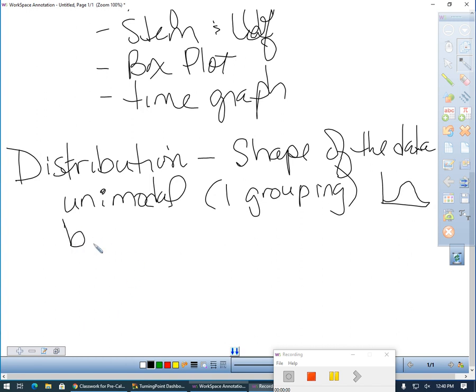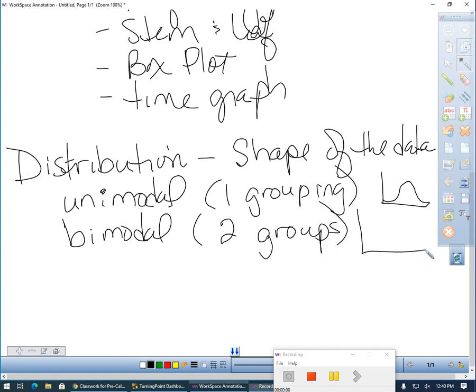Bimodal, you can probably guess what that looks like. It's got two groups in there, right? Doesn't all kind of fit together. So maybe that has a lot in the beginning and a lot at the end, right? So here it's all there.